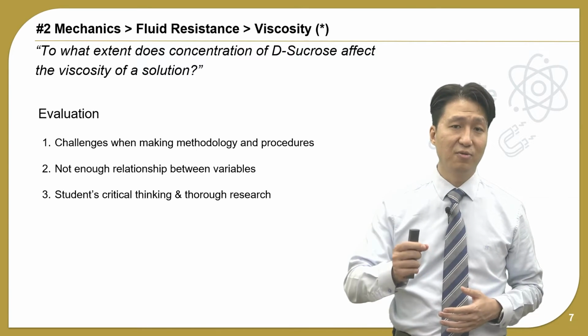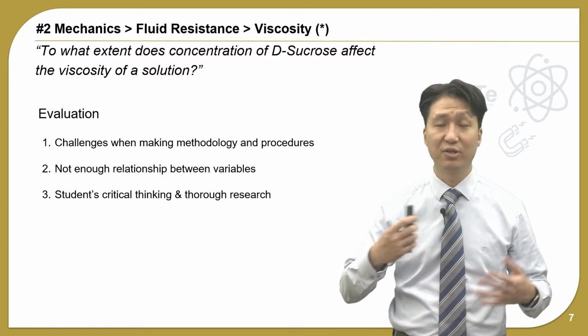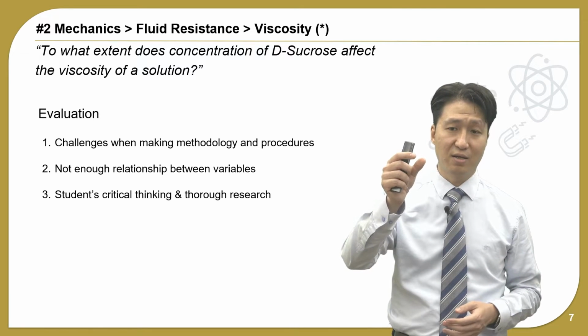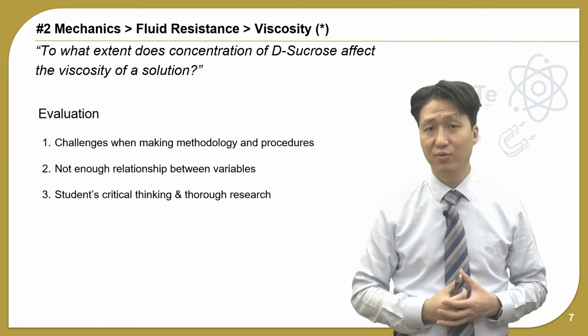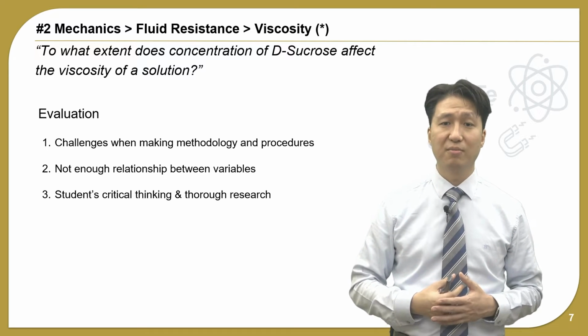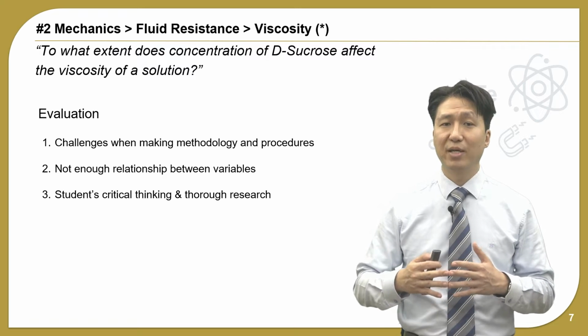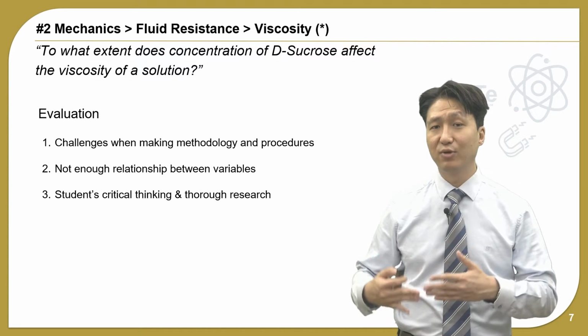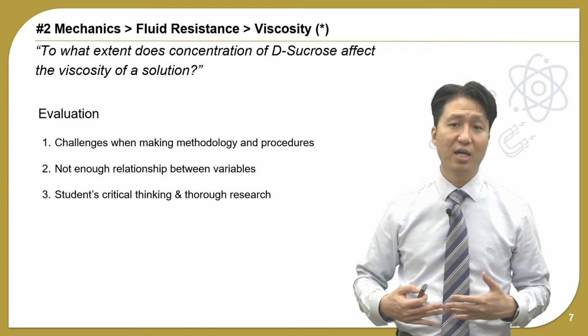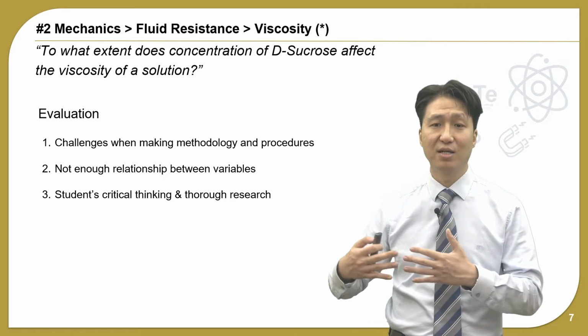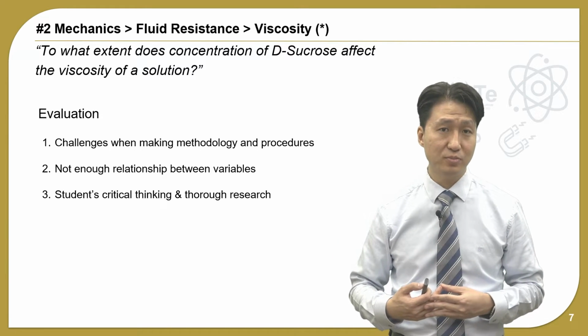For instance, if you want to measure the viscosity, there's several different ways. You can make a spherical object drop through the liquid, or you can make the liquid flow through a tube. But depending on what method you use, you might get different results, and you have to know why, and you might actually be measuring different values.